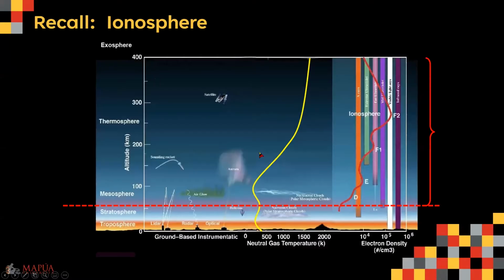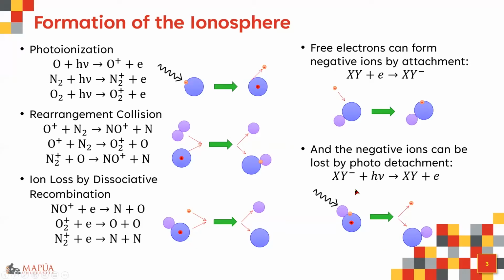That's why the ionosphere is usually defined in terms of the electron density. That electron density is a result of the ionization process, mostly in the form of photoionization.